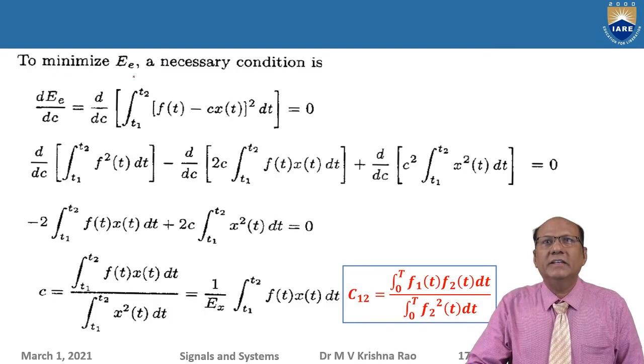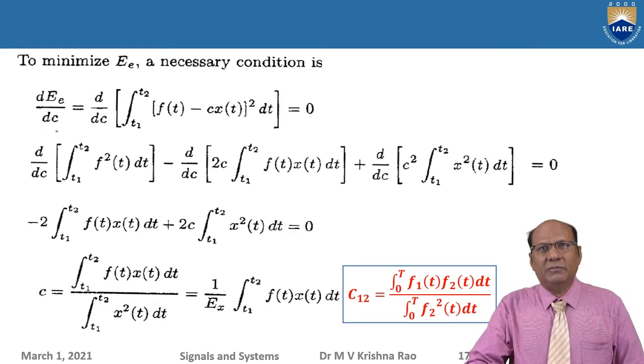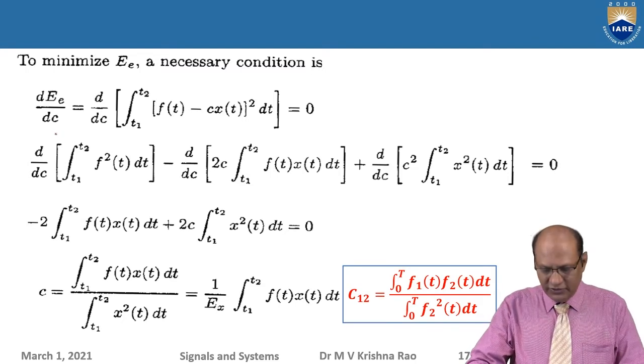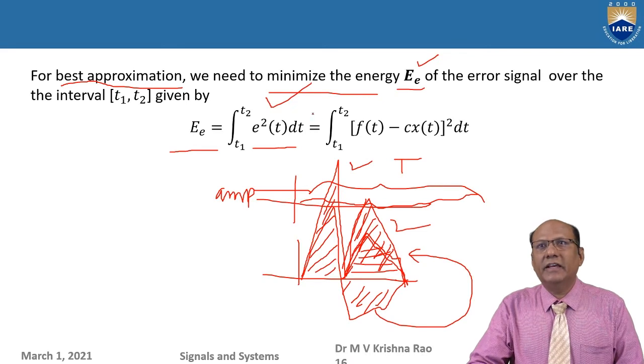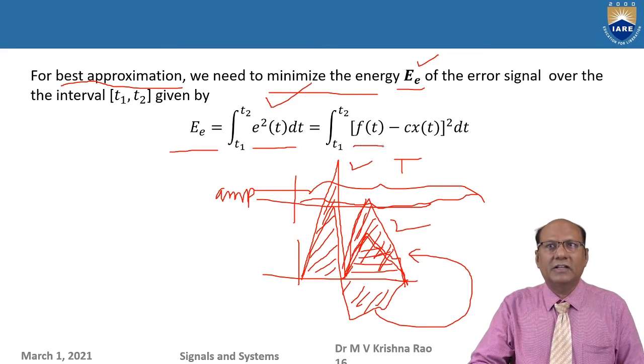So to minimize E_e, a necessary condition, you know that I have to see what is the parameter here. C is the variable here, because C is an unknown quantity. Go back and see here. f of t is the original signal minus C of x of t.